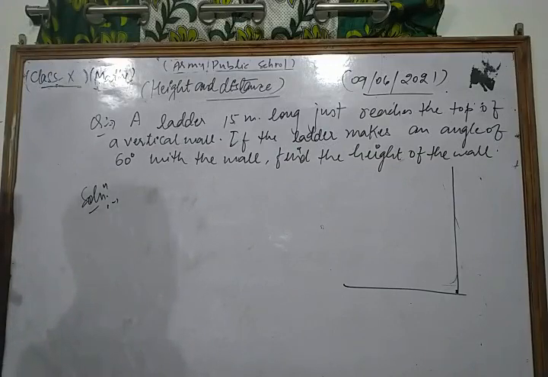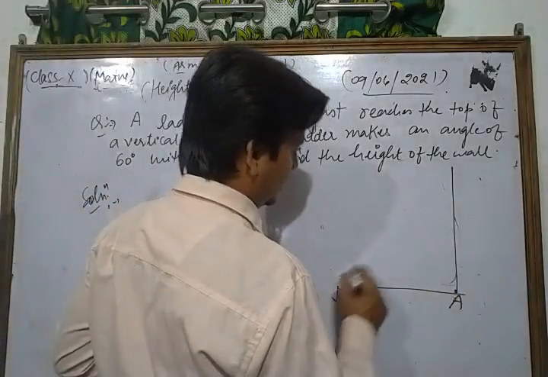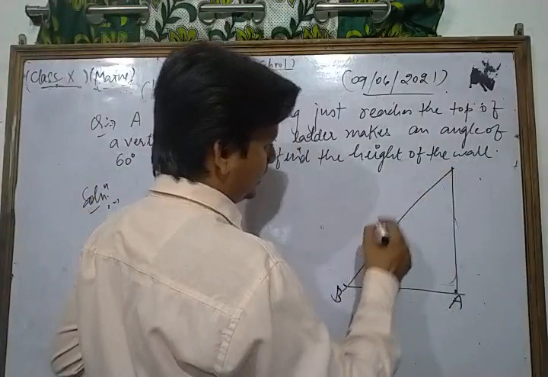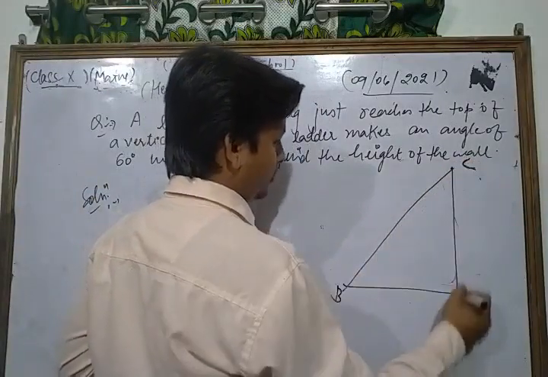Now this is the ladder. BC is the ladder and AC is the wall.